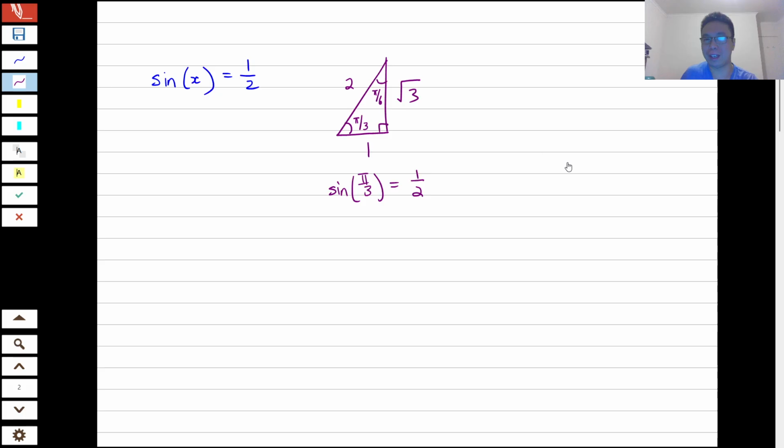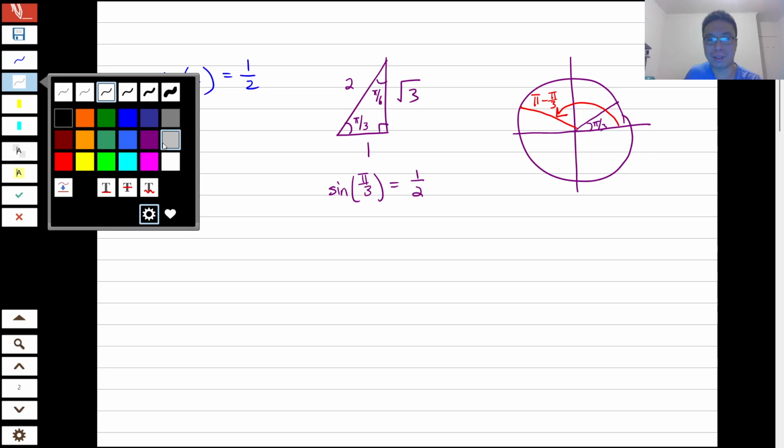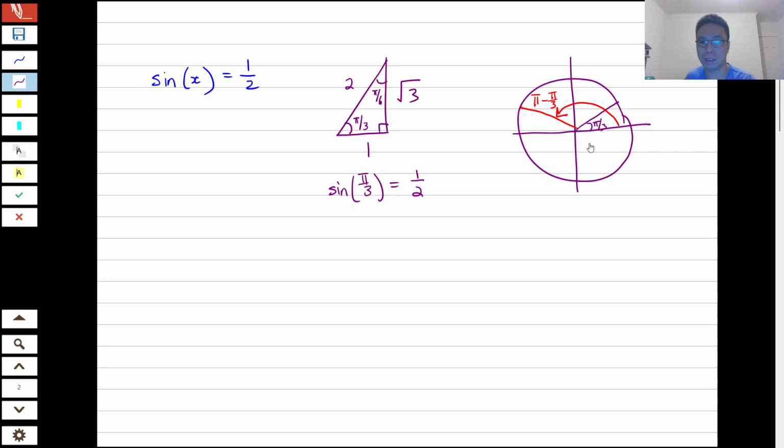But we also have a sense, working with the unit circle, that there are multiple solutions. So for example, if I know that sine of pi on 3 gives me a half, there is another solution obtained from pi minus pi on 3.